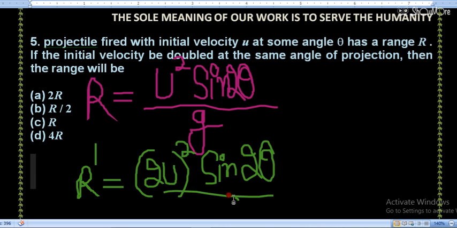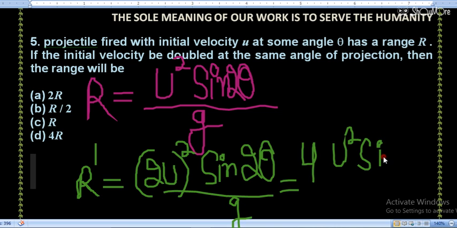So now in this case you can see, take 4 outside, so it will be equal to 4 u square sine 2 theta by g.